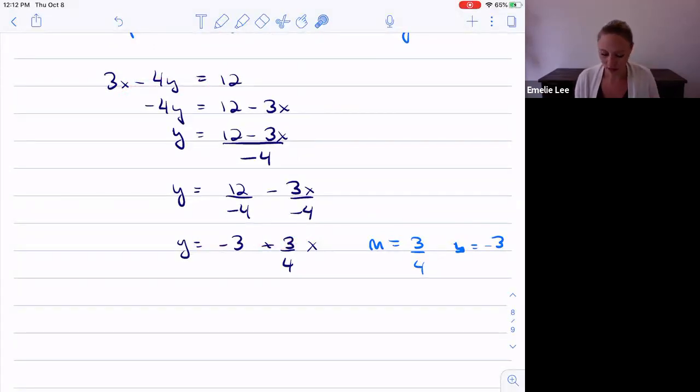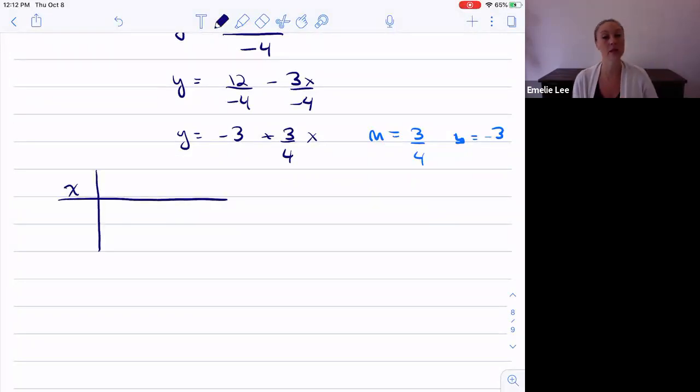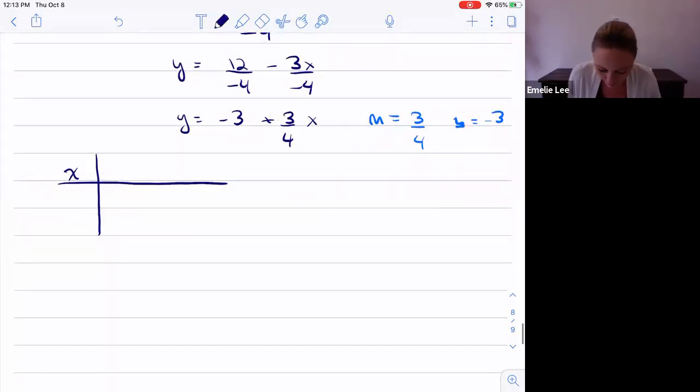And so I need to find 2 points on the line. So I set up my table. 2, or if you want to be really careful, you can do 3 points. But what you'll find, especially if you've got a nice grid, is that they're all on the same line. So again, I'm going to pick a convenient value of x. So x equals 0, I think, is really convenient still.